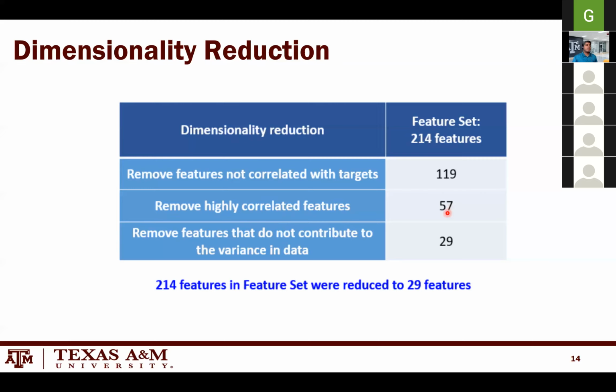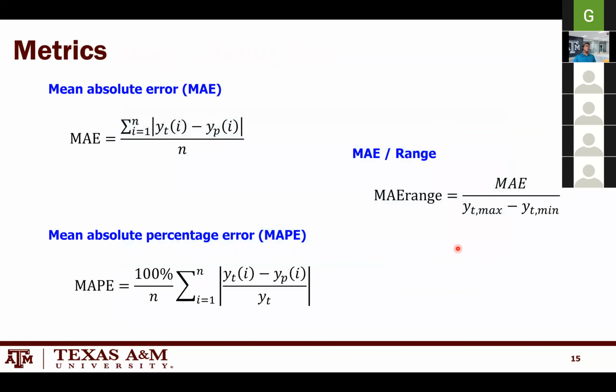When we do that, we are left with 57. And finally, we remove features that don't contribute enough to the variance in the data. We applied PCA in the third step, and we obtain 29 features at the end. We use these 29 features for purposes of prediction.